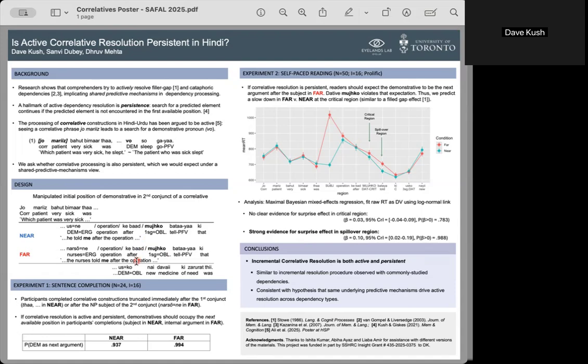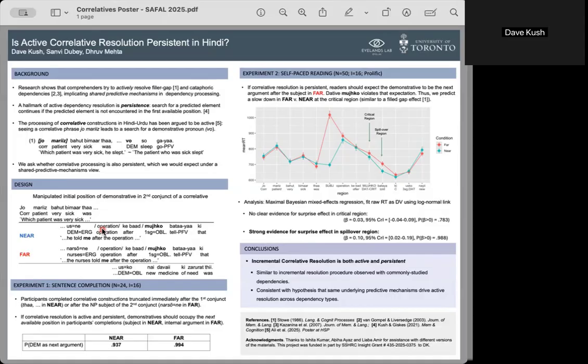Okay, so we ran two experiments. First, we ran a sentence completion experiment where we took the test sentences we had here and we truncated them at different points to see how people would complete the sentence.